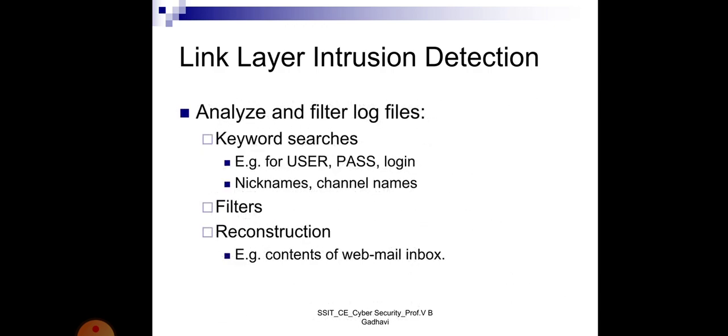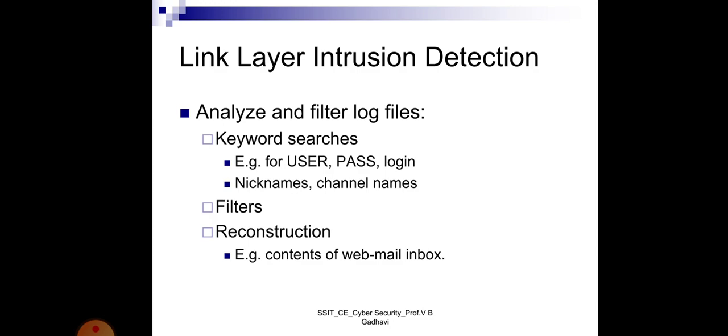We analyze and filter log files, searching keywords like users, passwords, logins, nicknames and channel names. We also use filters and reconstruction, like the example I already gave in IP spoofing.